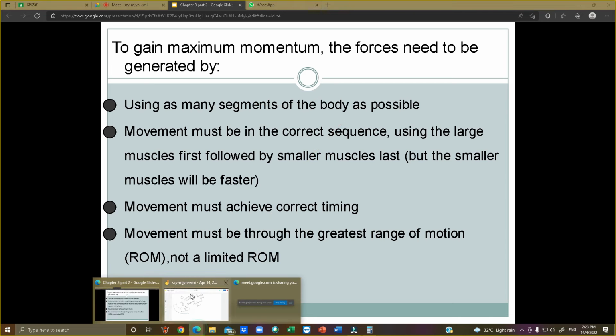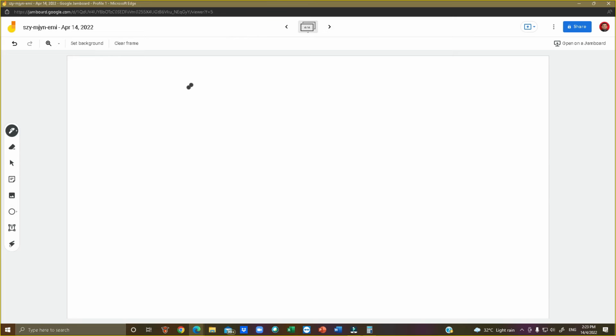Okay, kalau kita nak sepak bola tadi, let's say we want to kick a ball. Macam mana kita nak jadikan dia menggunakan seberapa banyak body parts yang possible? You want to kick a ball, you are going to use right leg, example lah. Okay, right leg.